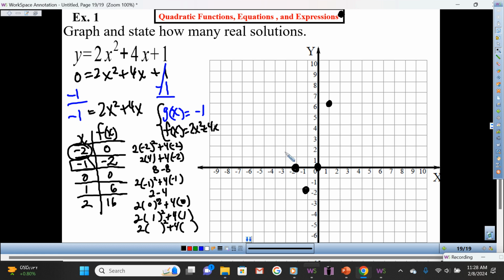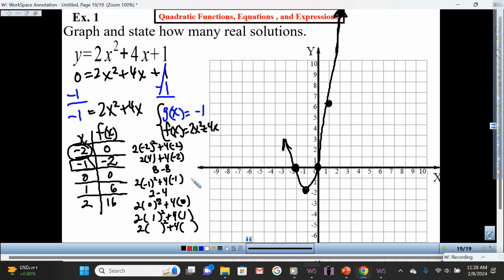So I'm going from left to right. Something like that, yes? Okay.